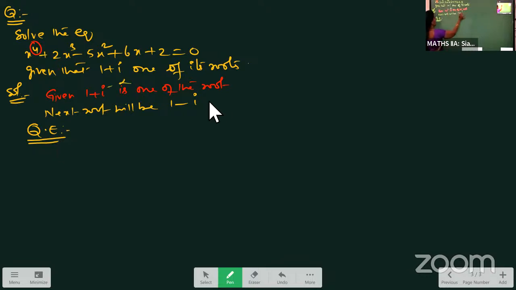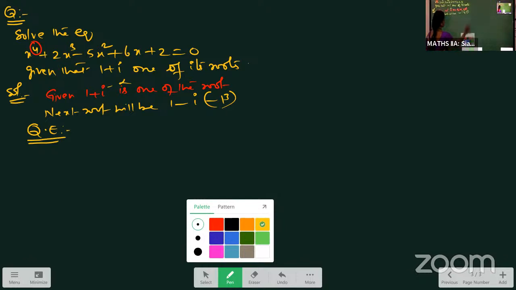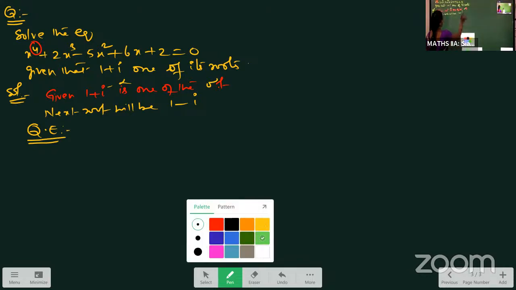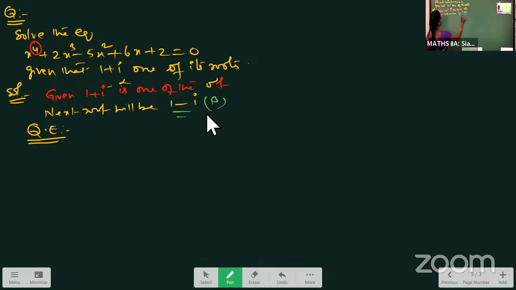This is your alpha, this is your beta. Then x square minus alpha plus beta into x plus alpha beta is equal to 0. This is the way of finding the quadratic equation when the 2 roots are available to us.